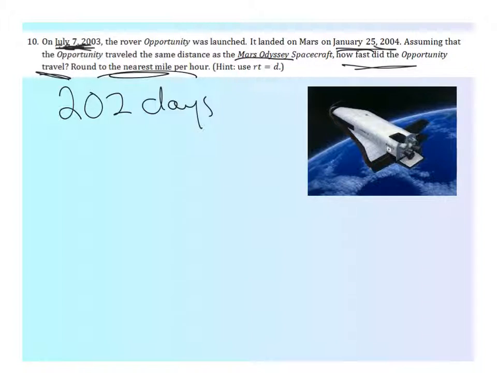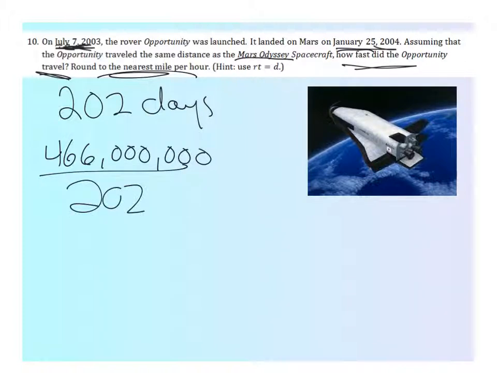So same distance, 466 million, except now I'm going to divide it by 202. So then that's going to be a really, really big number. 2,306,930, so that's about 2 million per day.